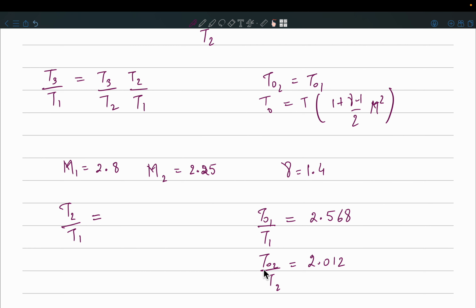See, T2 is in the denominator here. 1.276.